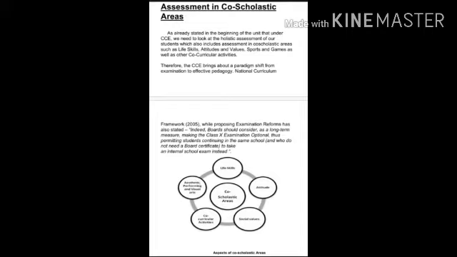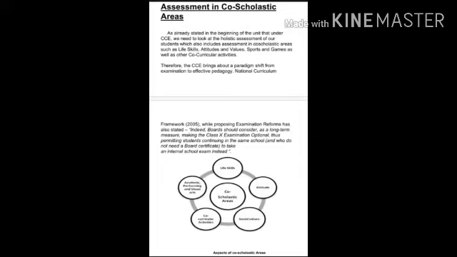National Curriculum Framework 2005, while proposing examination reform, has also stated, indeed, boards should consider as a long-term measure making the Class X examination optional, thus permitting students continuing in the same school and who do not need a board certificate to take an internal school exam.